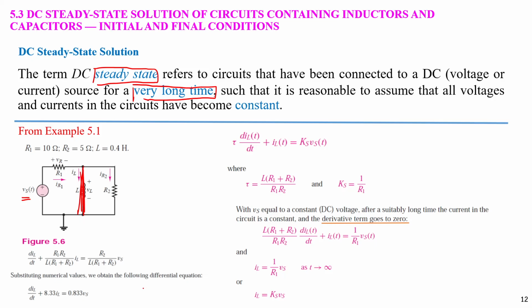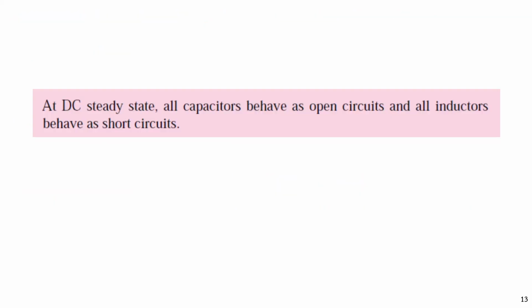After the circuit is connected for a long time, we will get this circuit. The capacitor will act as open circuit and the inductor will behave as short circuit, right?